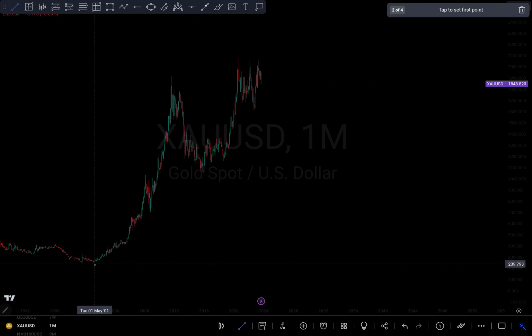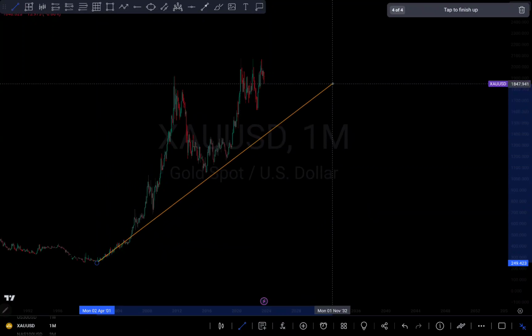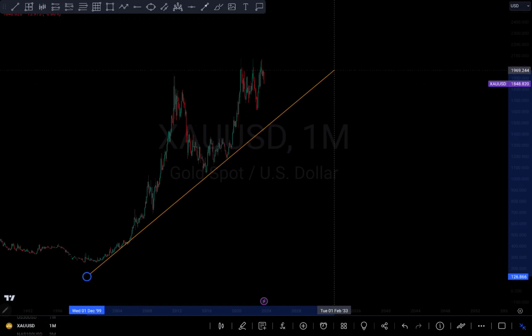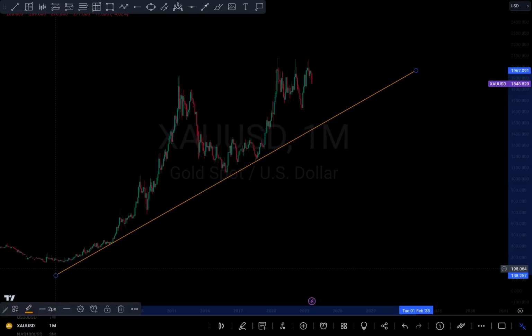I can say this is one point and that is another point right here. So this is point A, and this is point B. You need two or more points to be able to draw a trend line.